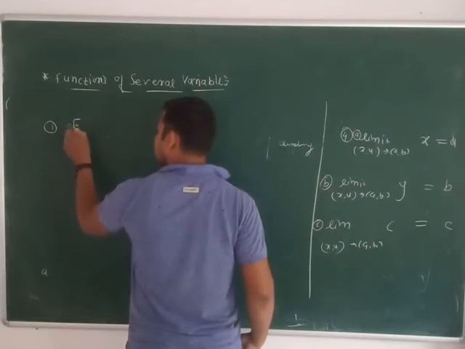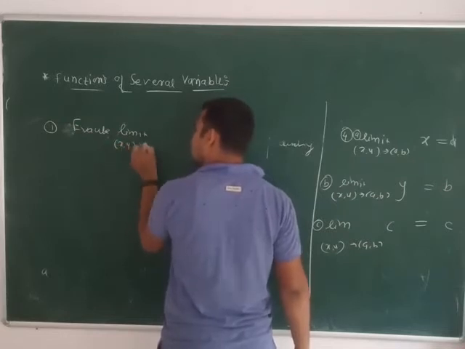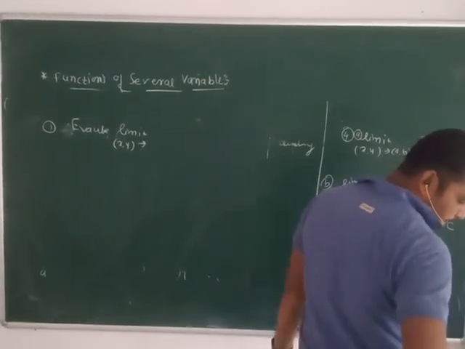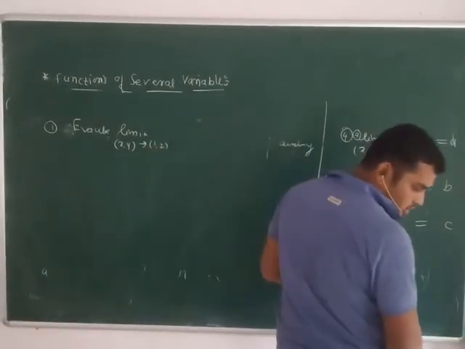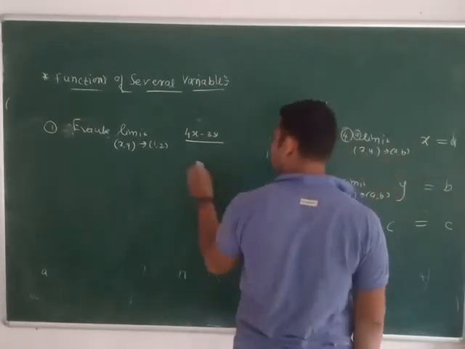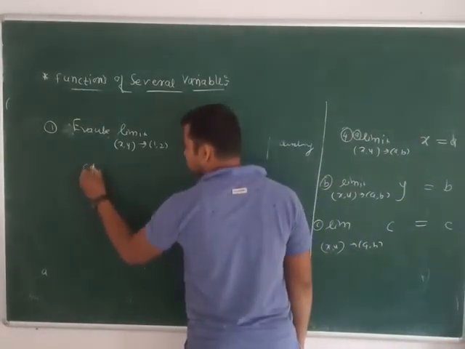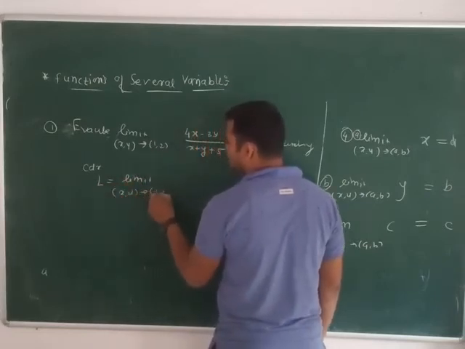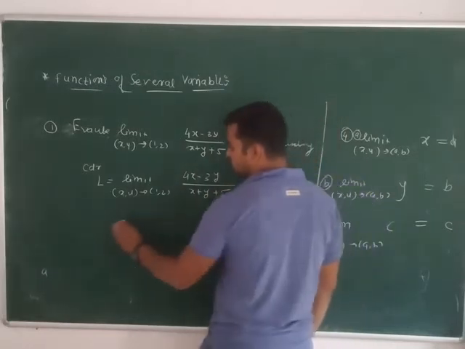Evaluate the limit as (x, y) tends to (1, 2) of (4x minus 3y) divided by (x plus y plus 5). So consider L equal to the limit as (x, y) tends to (1, 2) of (4x minus 3y) divided by (x plus y plus 5).